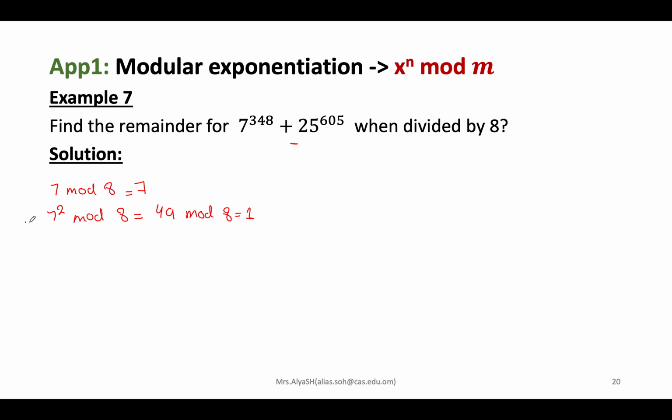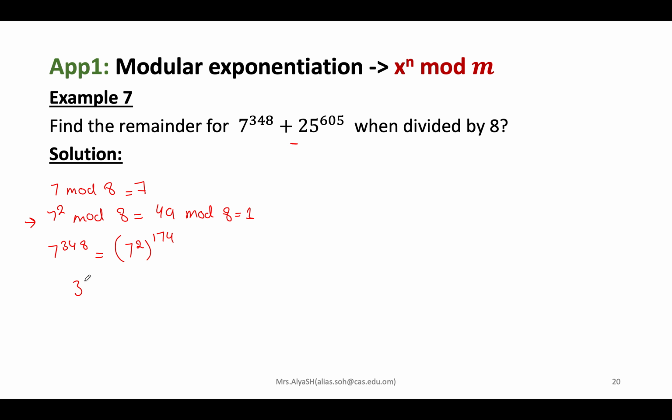So we can stop here and convert 7 to power 348 to 7 square. So we just divide 348 by 2, and we got 174.